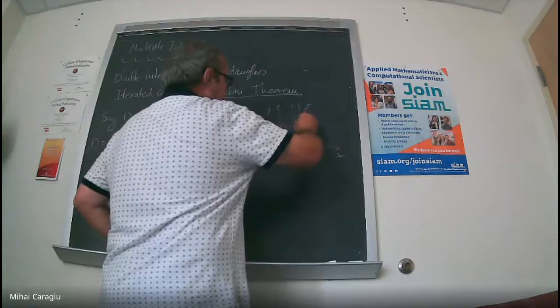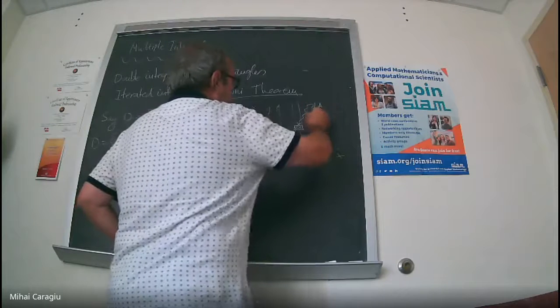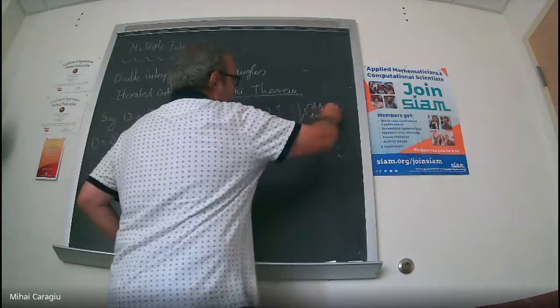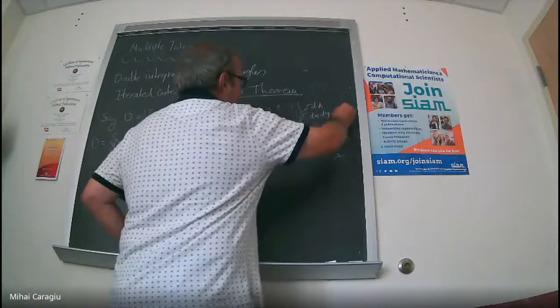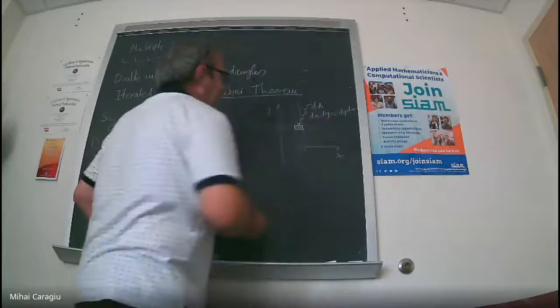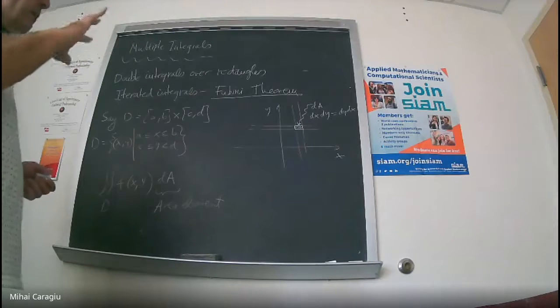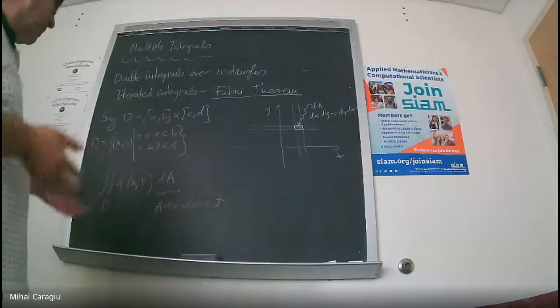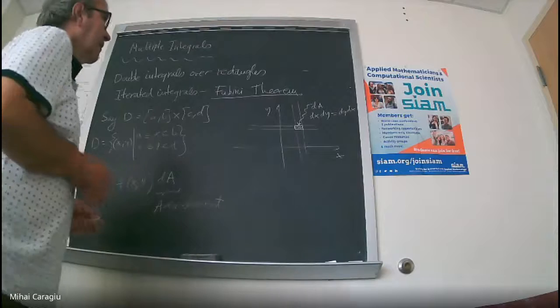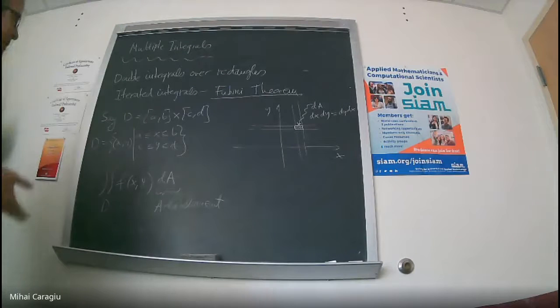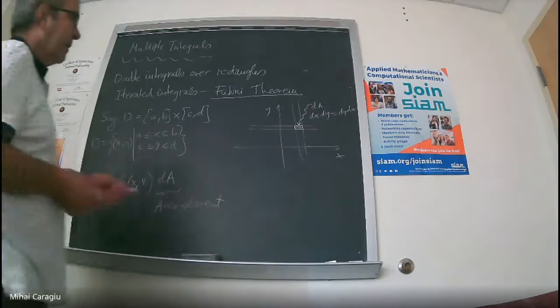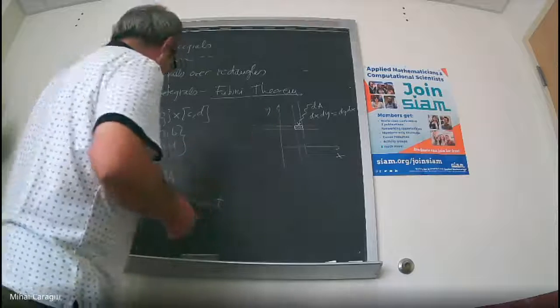This will be dA, which will be dx times dy or dy times dx. Technically, it matters whether we first write dx and then dy or vice versa, because it has a role in the order of integration. In any case, dA is the area element, which in rectangular coordinates is dx dy.